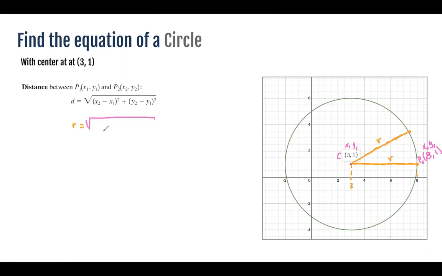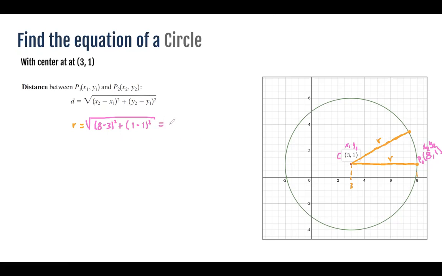And you'll see why in a moment I'm doing it this way. So x2 is going to be 8 minus x1, 3, and I'm going to square it. And then y2, that is a 1, minus y1, in this case, 1. And I'm going to square it.